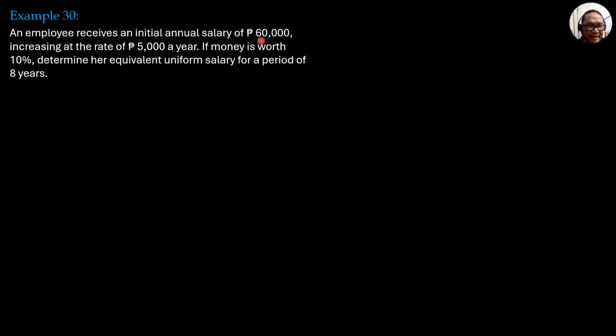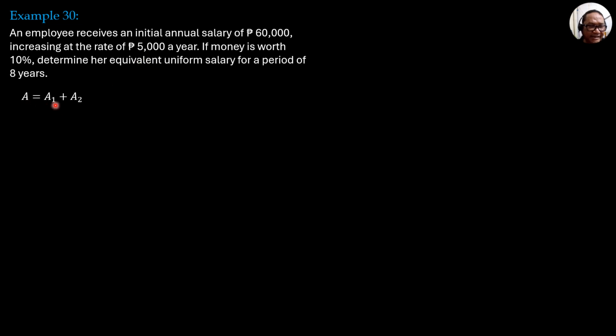So the equivalent uniform salary for a period of 8 years would be equal to 60,000, which is A1, plus the uniform annual increase in salary for the second cash flow diagram, which is the uniform arithmetic gradient.